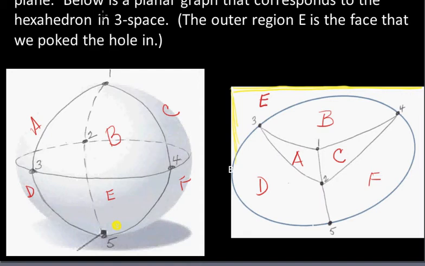Now if you look back to our original hexahedron, you will see that the vertices were 6, the edges were 9, and the faces on the hexahedron, there were 6. Notice that V plus F is 12.